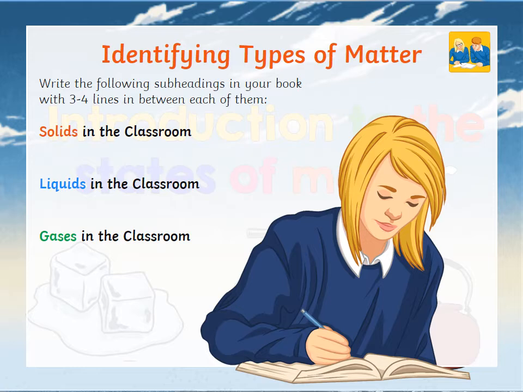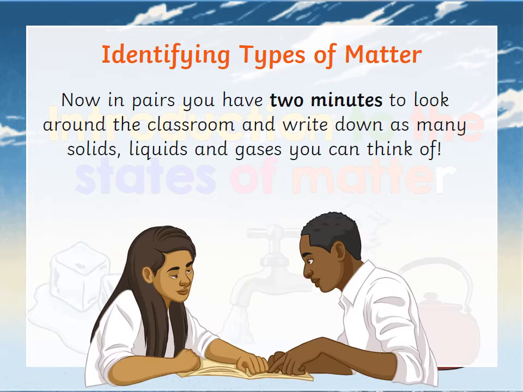Leave 3 to 4 lines in between so you can write the solids, the liquids, and the gases in the classroom right below the subheading. Now that you have completed your subheading, with a partner or by yourself, you are going to write as many solids, liquids, and gases in the classroom that you can see or think of.